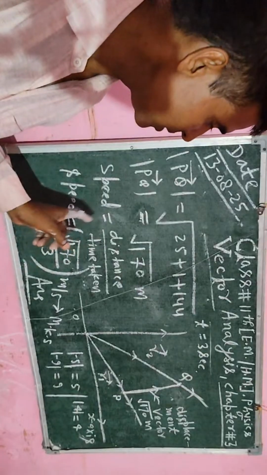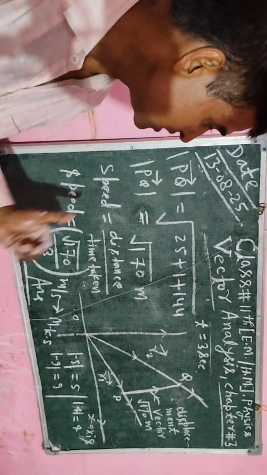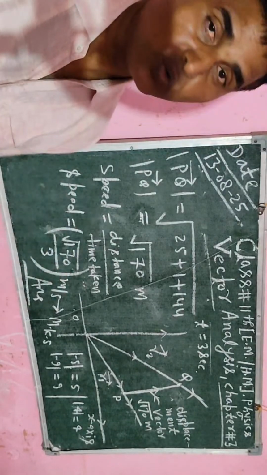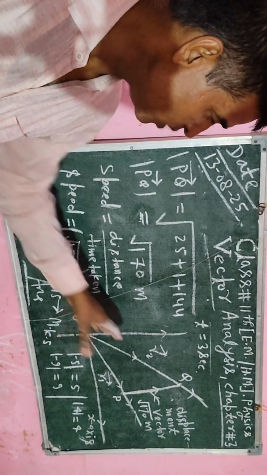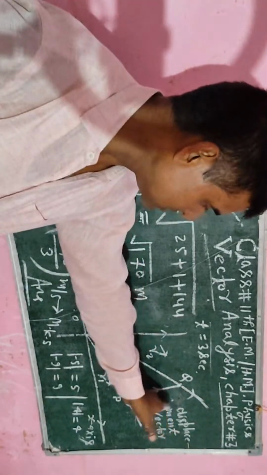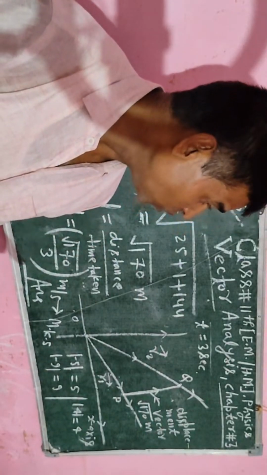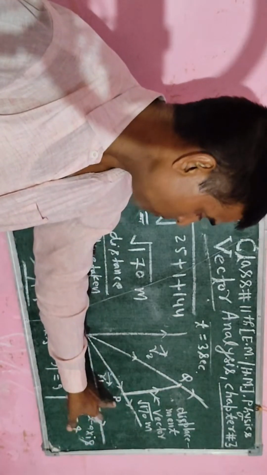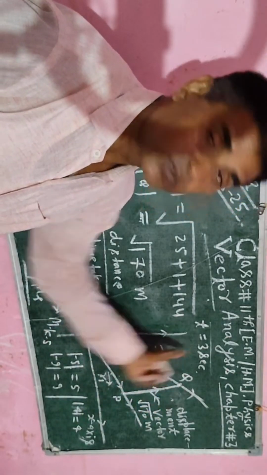This is an important topic because some questions can be asked in your exam and some questions can also be asked in your competitive exam. So these concepts you have to know properly, because here there are questions available. One, we have to find the value of the displacement vector, and also we have to find the speed of the object that is moving from point P to Q in 3 seconds.